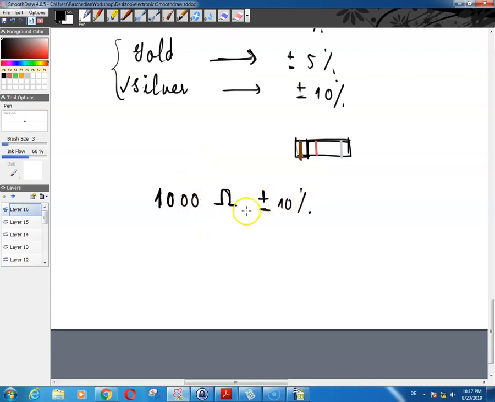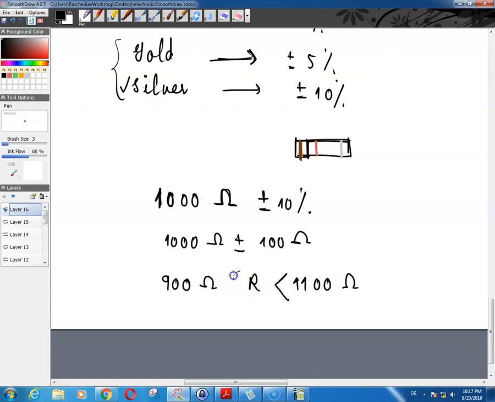So this is 1,000 ohms plus or minus 100 ohms, which means that if you subtract 100 from 1,000, you will get 900 ohms, and if you add 100 to 1,000 ohms, you will get 1,100 ohms. So that means that the value of your resistance is somewhere between 900 ohms and 1,100 ohms. That's basically what this tolerance means.